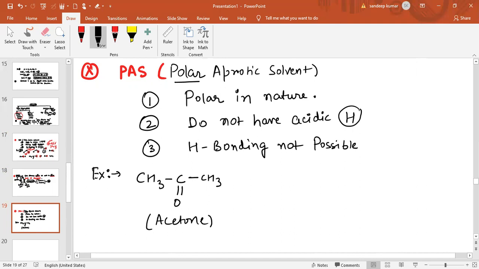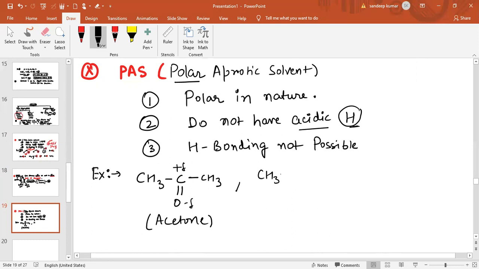This is polar in nature, with partial positive and partial negative, and it does not have any acidic hydrogen. Is there any acidic hydrogen on oxygen? No. So this is aprotic, meaning it does not give a proton. So this is acetone, a polar aprotic solvent.